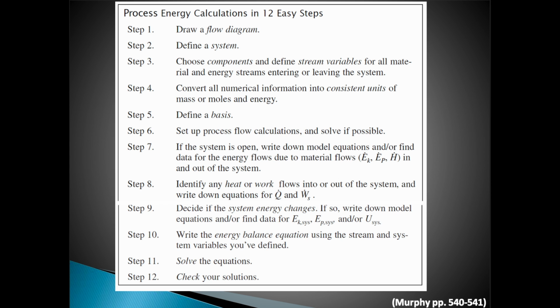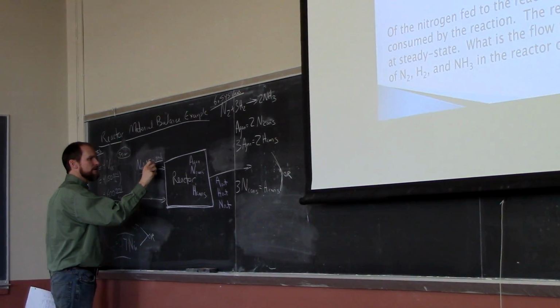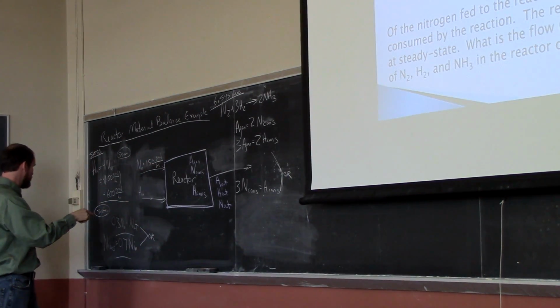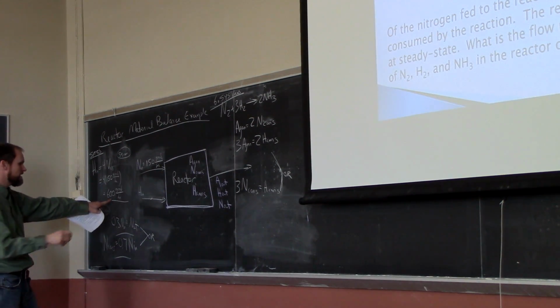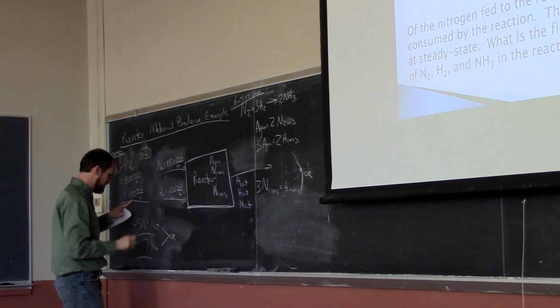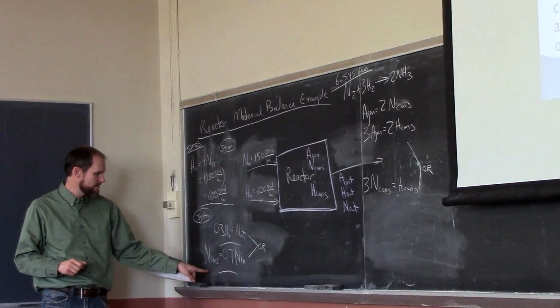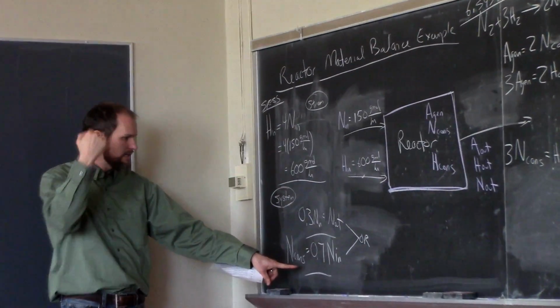So N in is 150 millimoles per hour. HN we figured out over here, so we have 600 millimoles per hour. N consumed equals 0.7 N in.